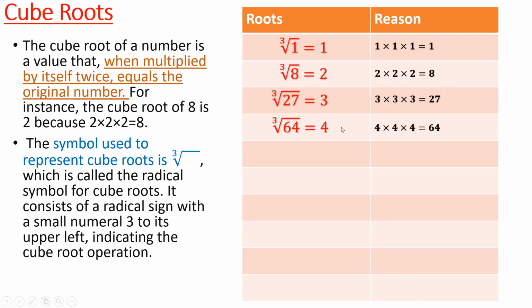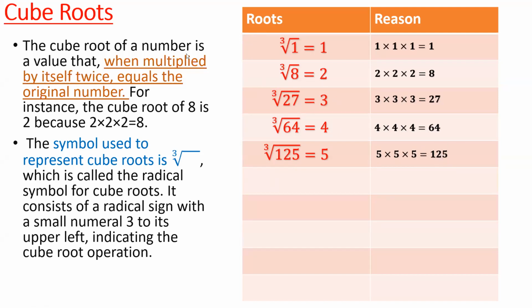Then the cube root of 125 is going to be 5. And the reason why is because 5 times 5 times 5 is 125.